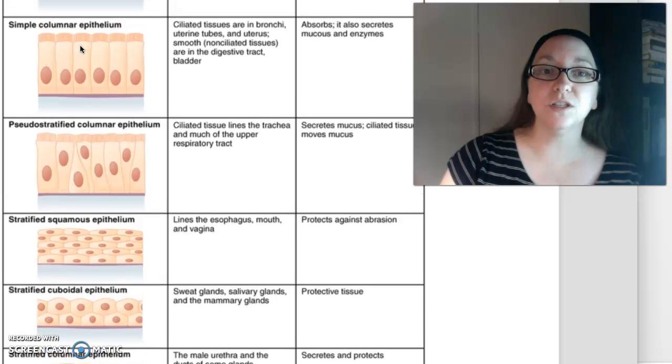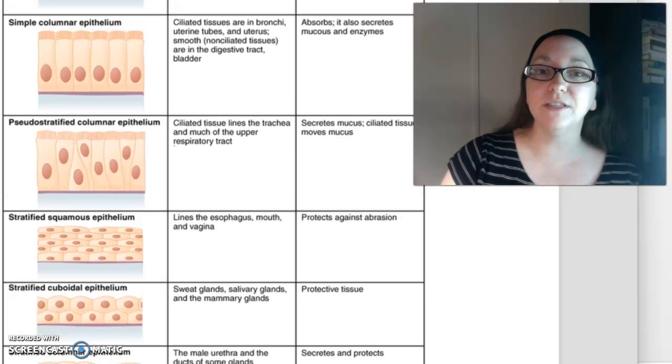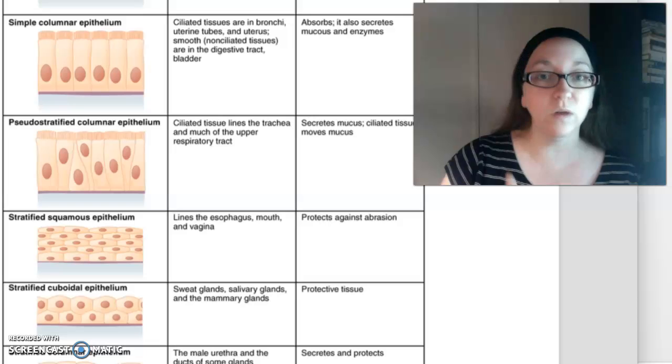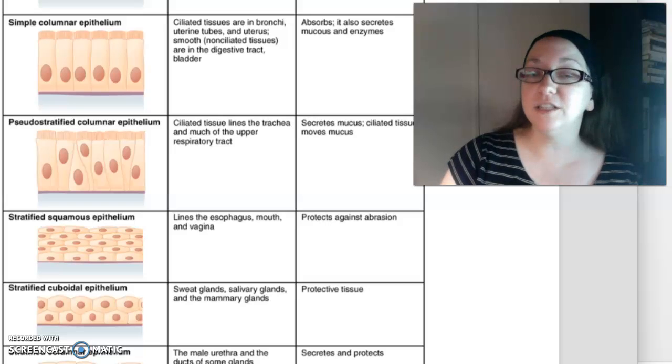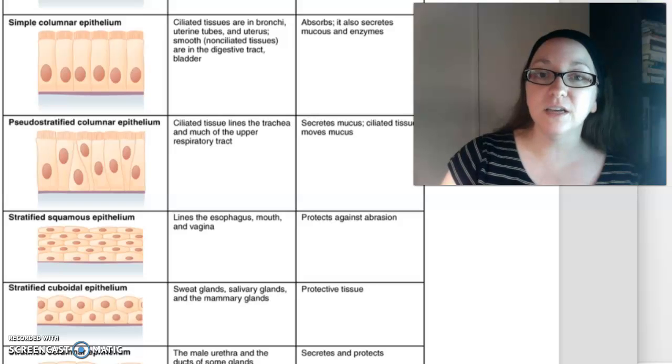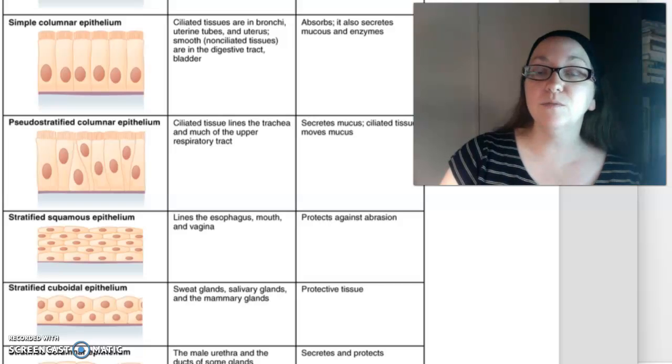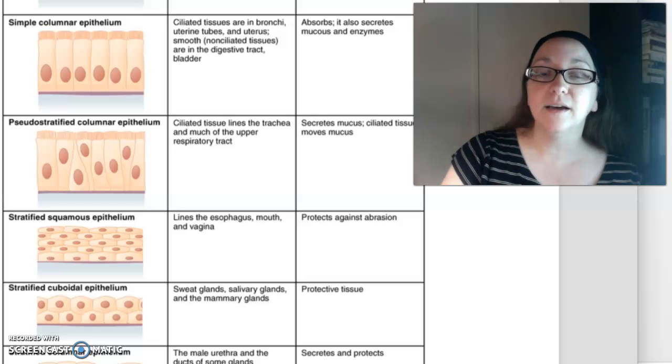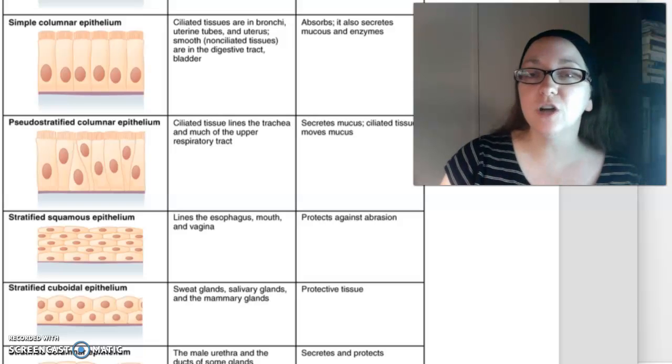Simple columnar. Simple columnar obviously are column shaped, one layer. The digestive tract is probably your best location for these. You also have some, it says here, like in your bronchi and your uterus. Absorption is their primary goal, because think about your digestive tract, your stomach.